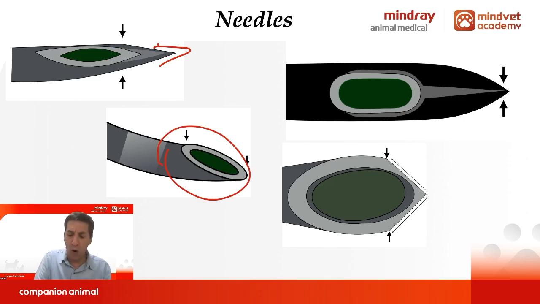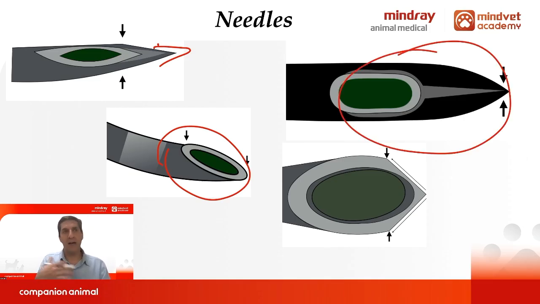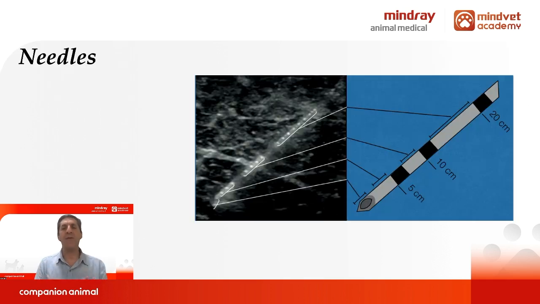We have the Sprotte needle, a pencil point needle, which is also developed to enter the subarachnoid space. And many times we use this needle in veterinary medicine to perform different blocks. However, ideally, we need to use the specific needle, that means the one developed for regional anesthesia.